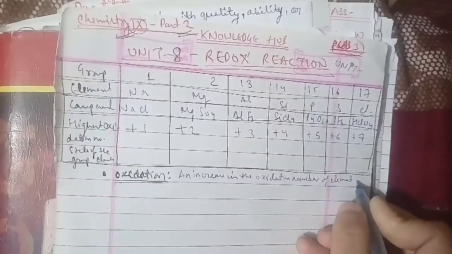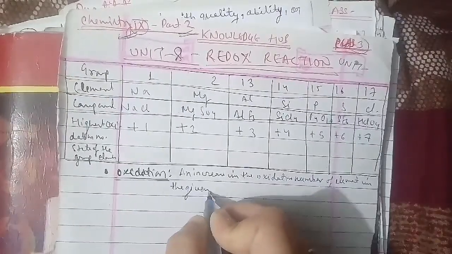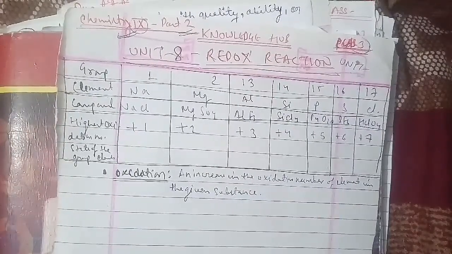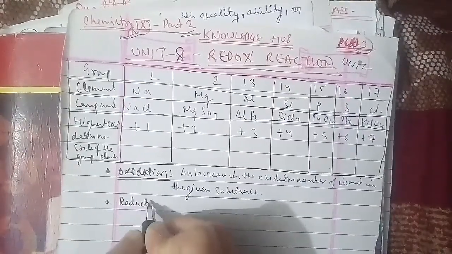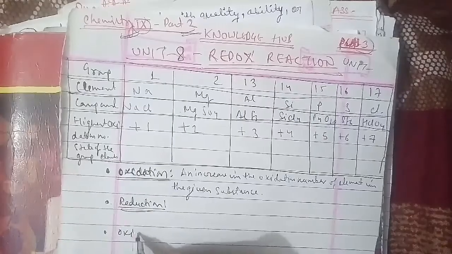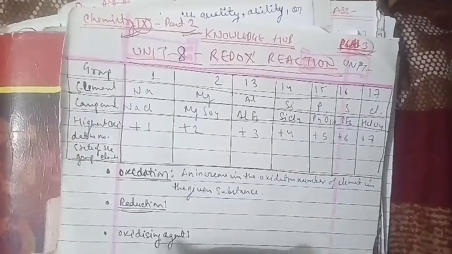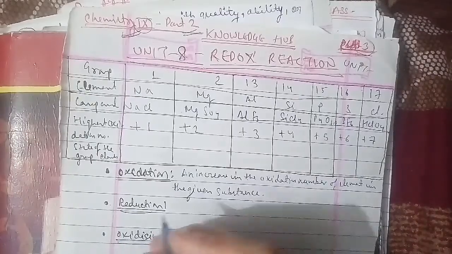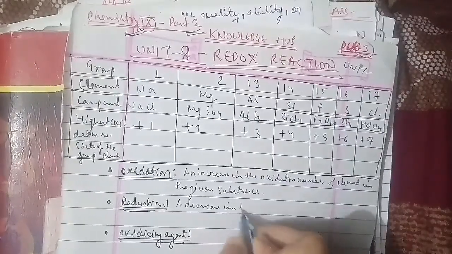Now we talk about the other one, which is reduction, and then the oxidizing agent. First, reduction is a decrease in the oxidation number of an element in the given substance.